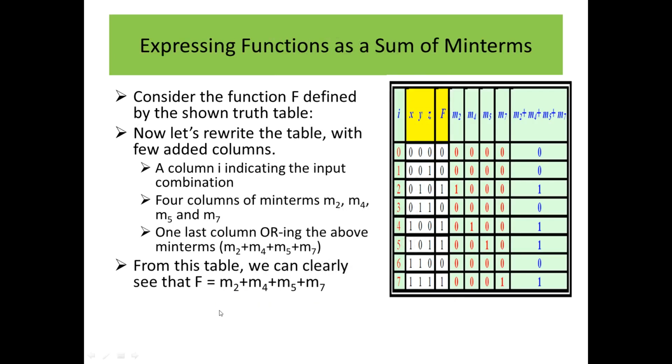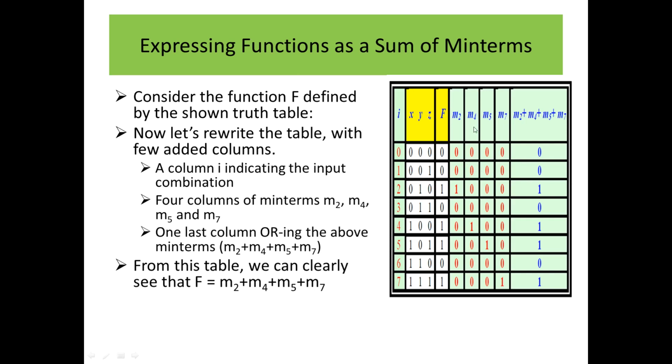Expressing functions as a sum of minterms. Consider the truth table shown here and the function f. Now let's rewrite the table with a few added columns: m2, m4, m5, m7. How do I add them? For the first row, 0 plus 0 plus 0 plus 0 is 0.